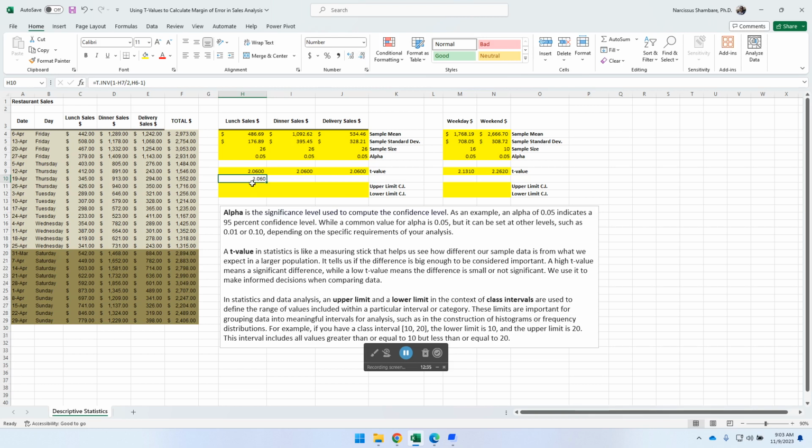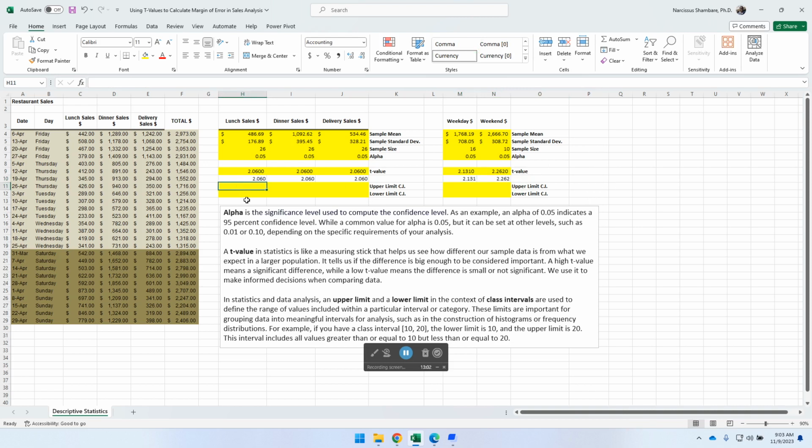Right, you can see here, we come to exactly the same. And then I can copy the same formula here, right? And I can also go ahead and copy the formulas there. You can see that we actually match by using the t.inv.